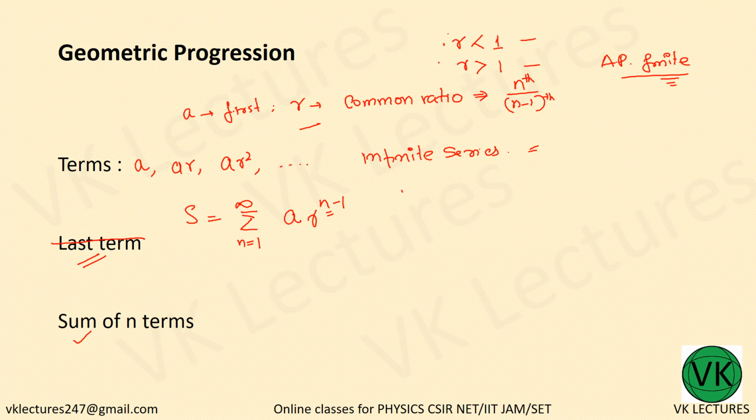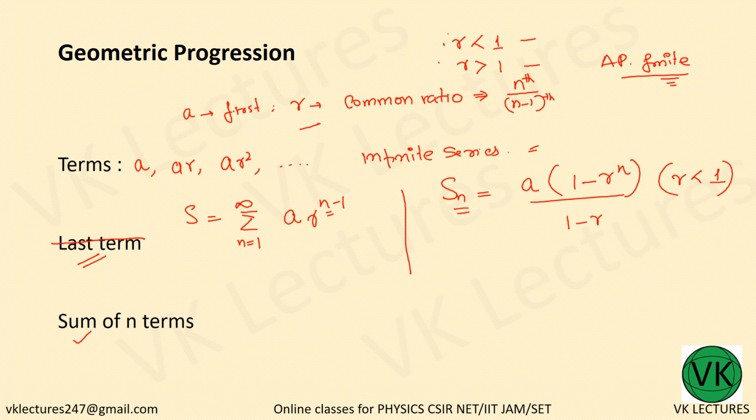Now Sn is equal to a times (1 minus r to the power n) divided by (1 minus r) if r is less than 1. This is where you use that condition.